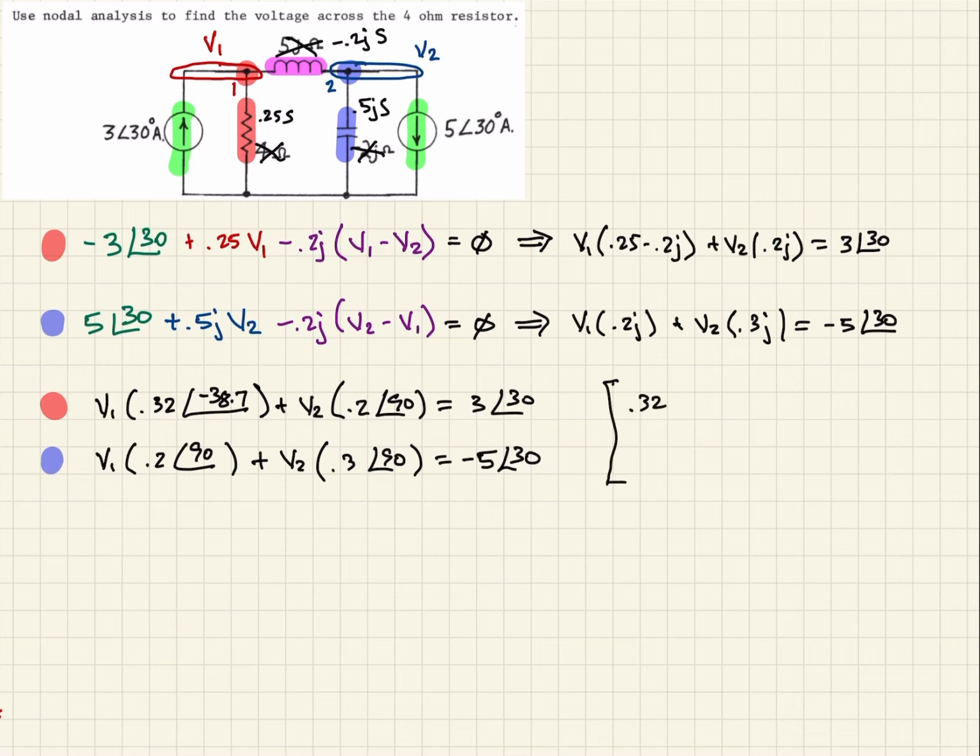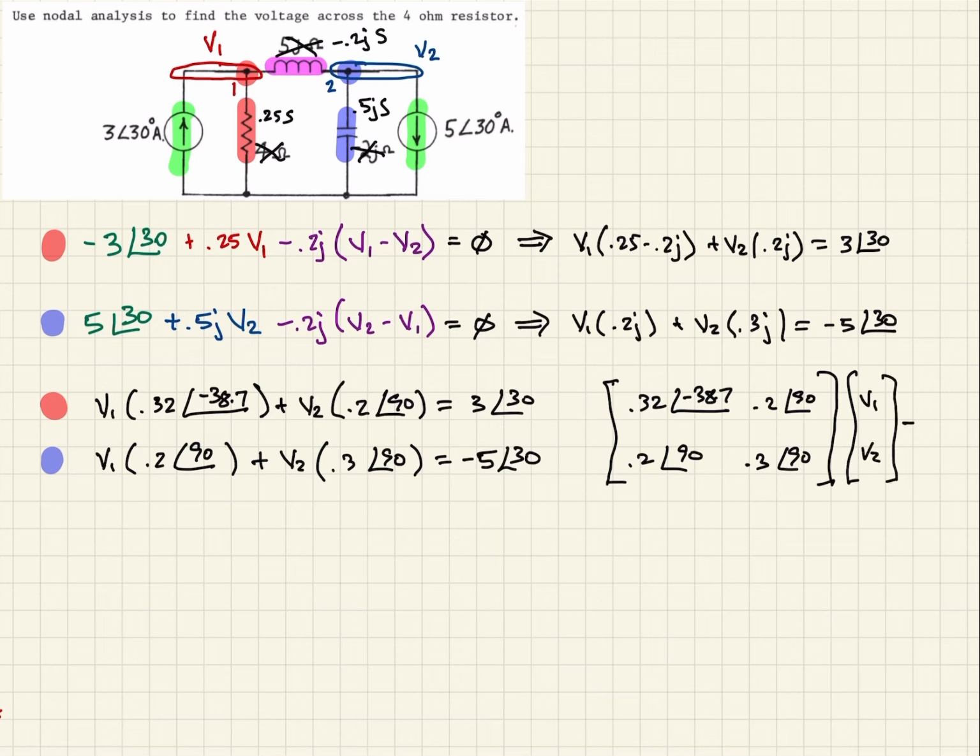It'll be 0.32 at an angle of minus 38.7, 0.2 at an angle of 90, 0.2 at an angle of 90, 0.3 at an angle of 90, times V1 and V2, and that's equal to 3 at an angle of 30 and minus 5 at an angle of 30. Again, that's just an array there.